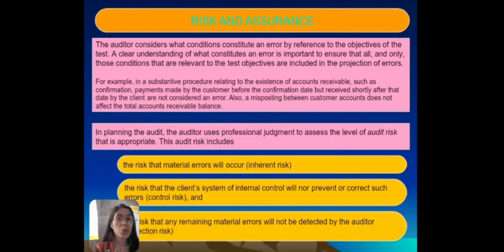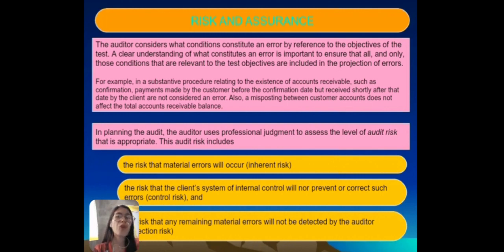Risk and assurance. The auditor considers what conditions constitute an error by reference to the objectives of the test. A clear understanding of what constitutes an error is important to ensure that all and only those conditions that are relevant to the test objectives are included in the projection of errors.